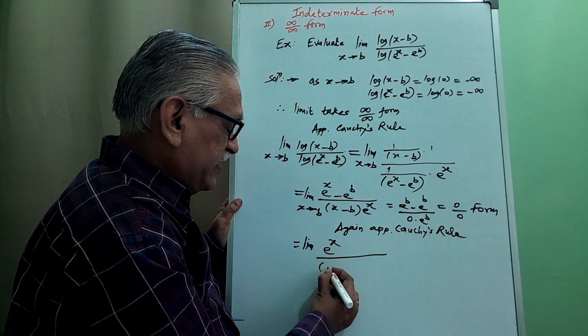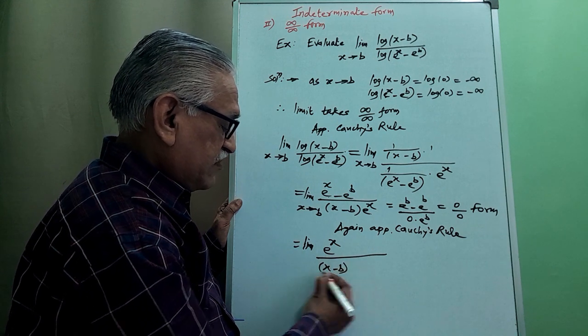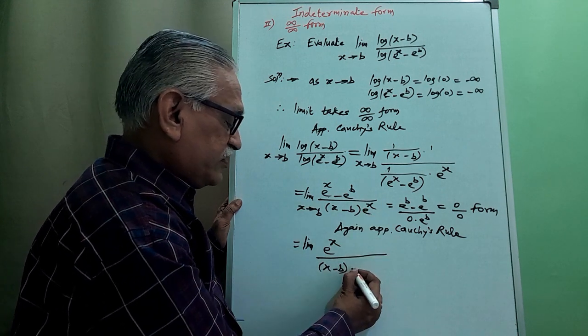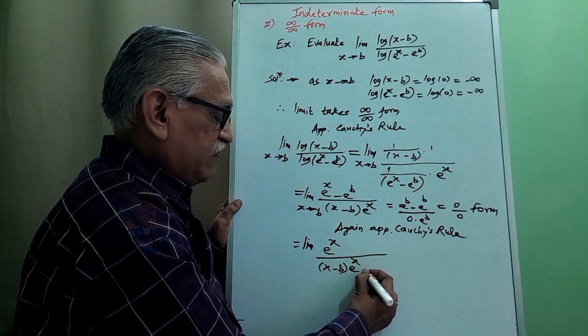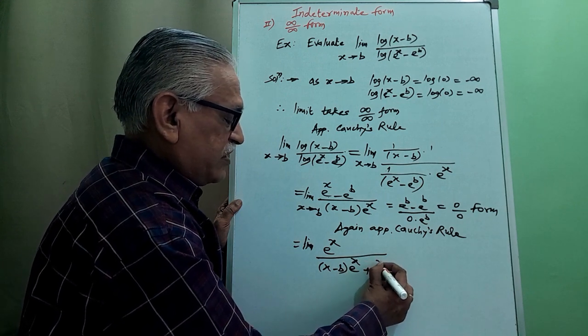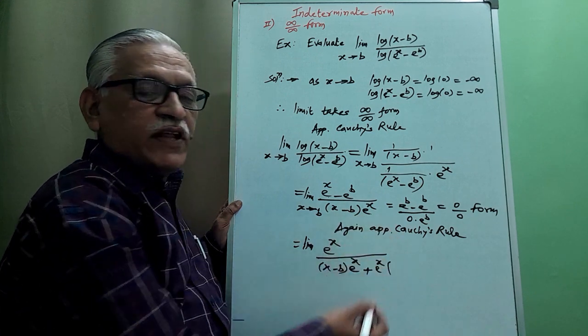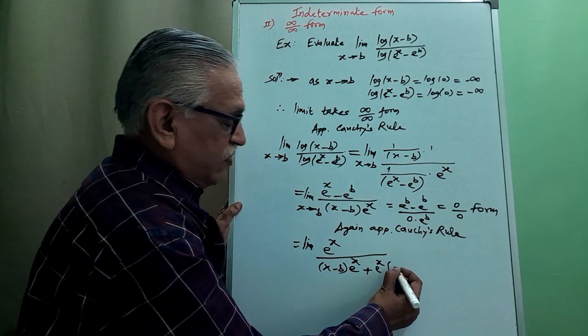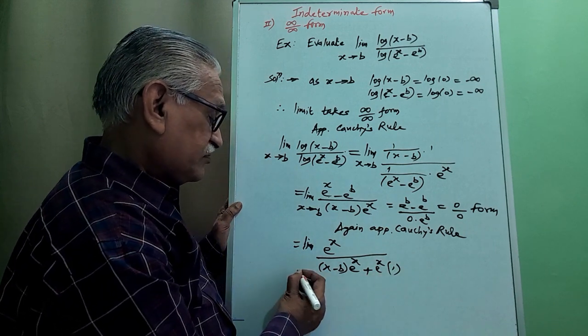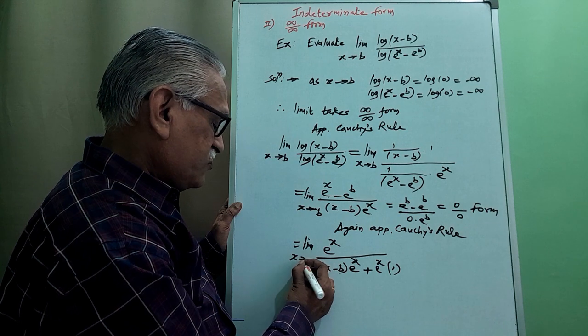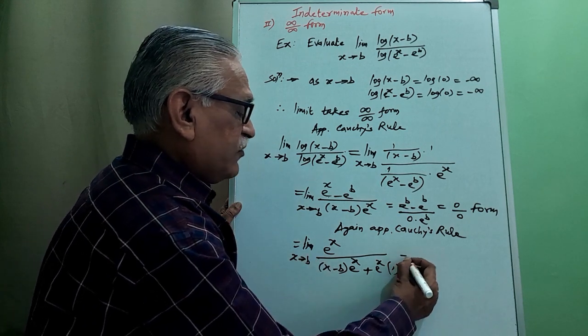First term x minus b, derivative of e raised to x is e raised to x, plus second term e raised to x, and differentiation of x minus b is 1, as x tends to b.